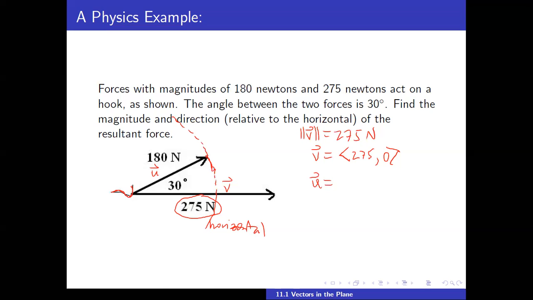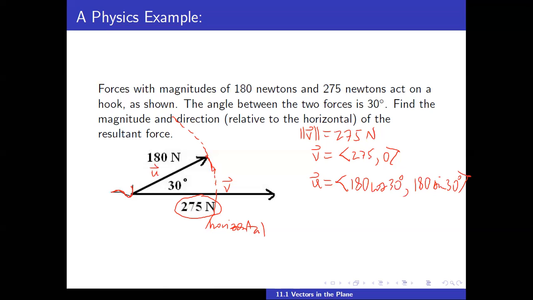So it'll be R cosine of theta, R sine of theta, yes? So it's going to be 180 cosine of 30 degrees, comma, 180 sine of 30 degrees, okay? Close the angle brackets there.